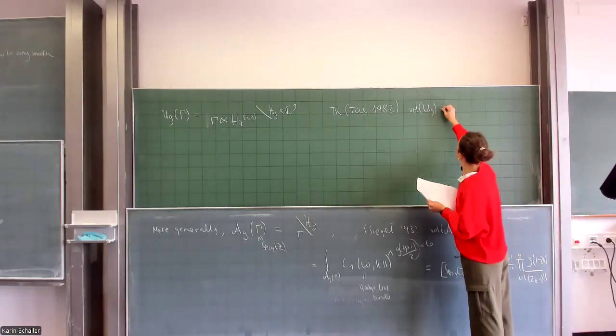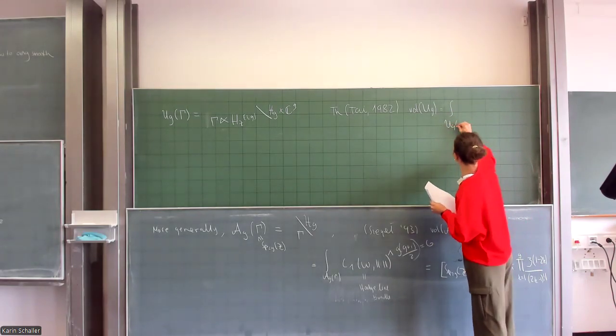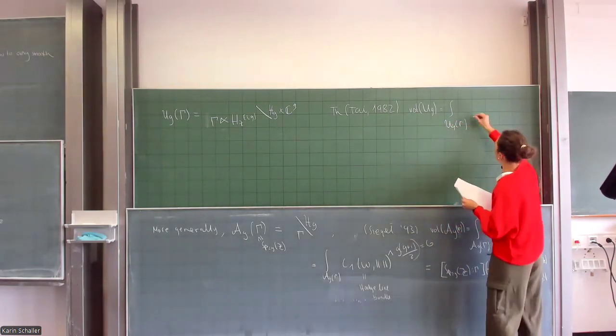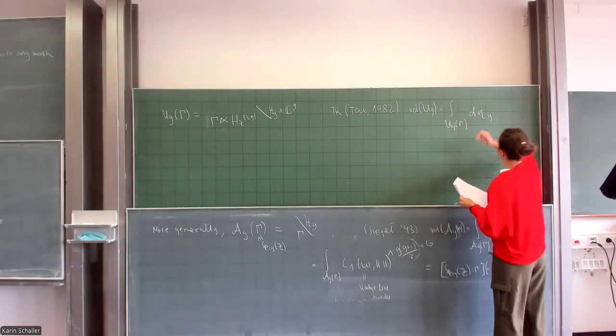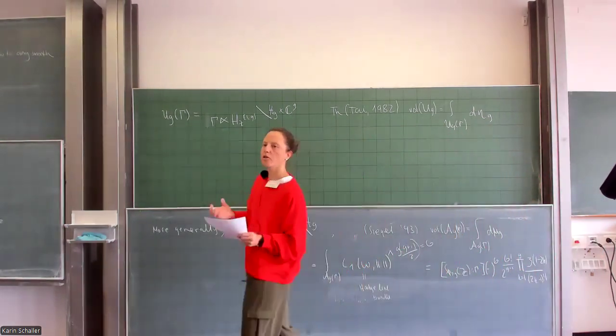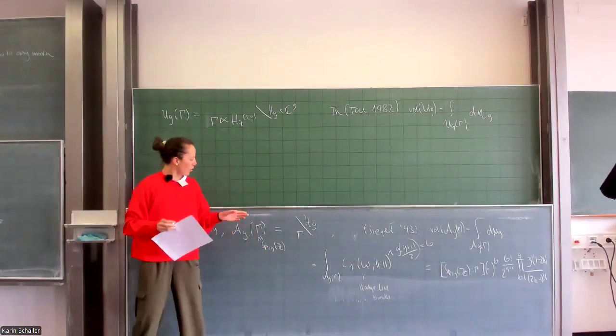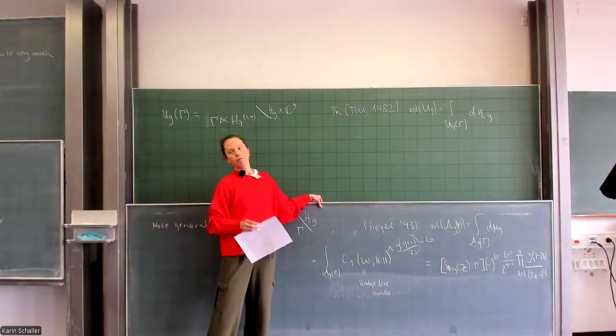So this is then the integral over UG gamma, and now we have a distinguished volume form, which let me call eta. And now this distinguished volume form can also be calculated in terms of a differential form.